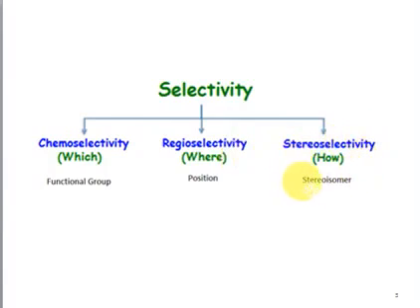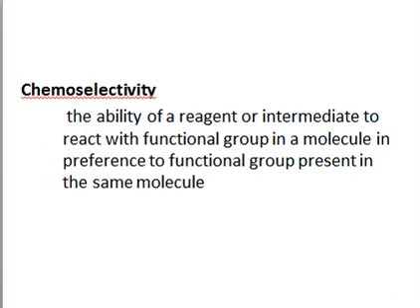Stereoselectivity is related to the stereoisomer. It means which of the two stereoisomers will preferentially react, and it also explains how the stereoisomer will react, right? So firstly, we shall study chemoselectivity, and we will see different examples of chemoselectivity in order to make this concept much clearer, right?